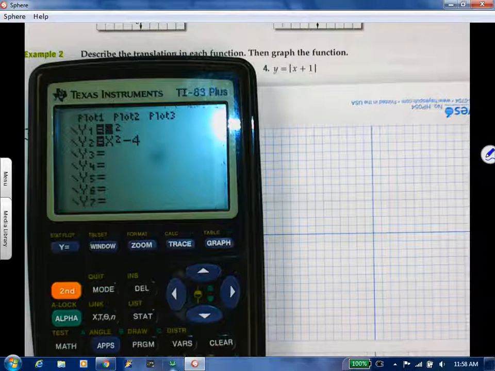So you have to go to y equals up in the top left. Make sure all your plots are off. Do you have anything highlighted up above there? Let's turn those off. Go up, then press enter, then go back down.